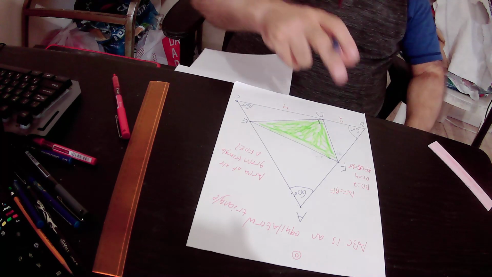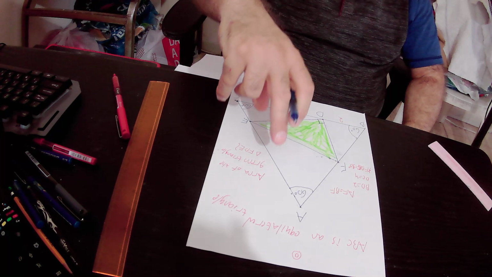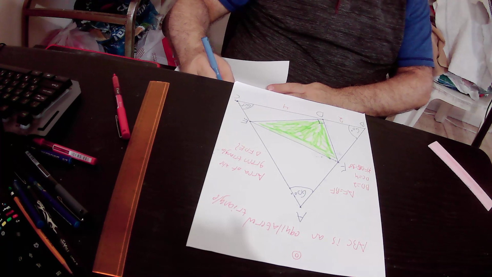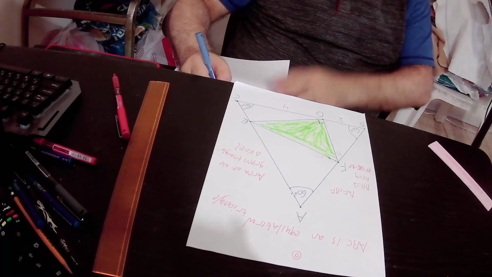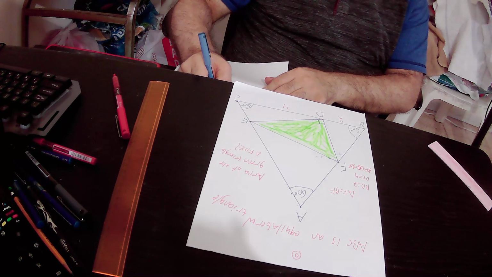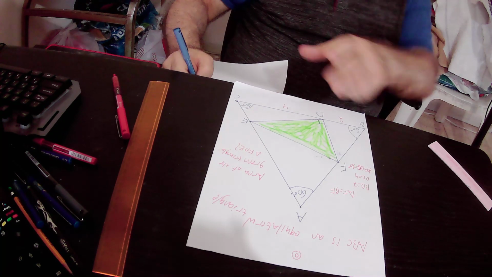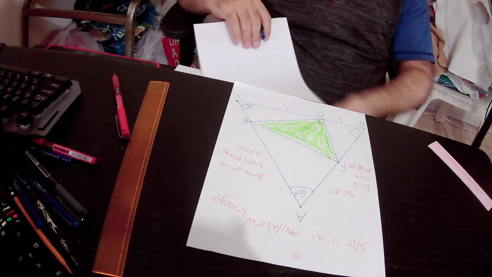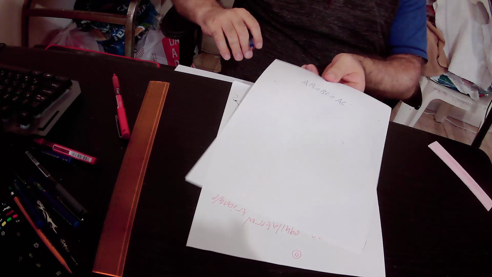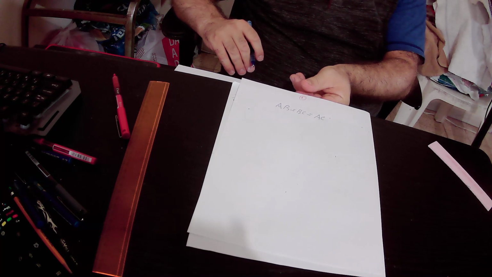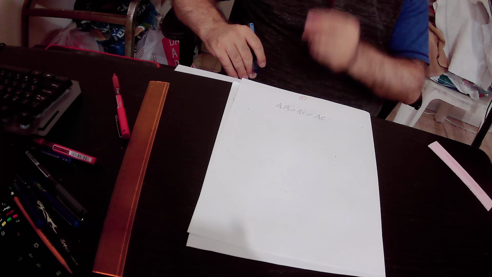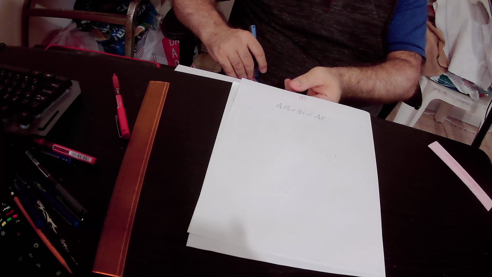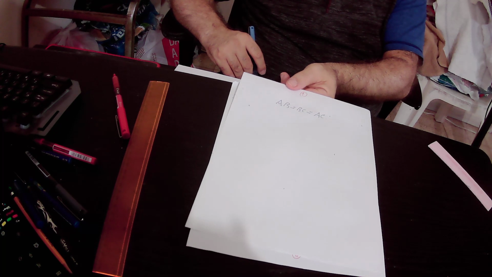That is to say, AB equals BC equals AC. In any equilateral triangle, all the sides are equal to each other. For that reason, AB equals BC equals AC in the equilateral triangle ABC.